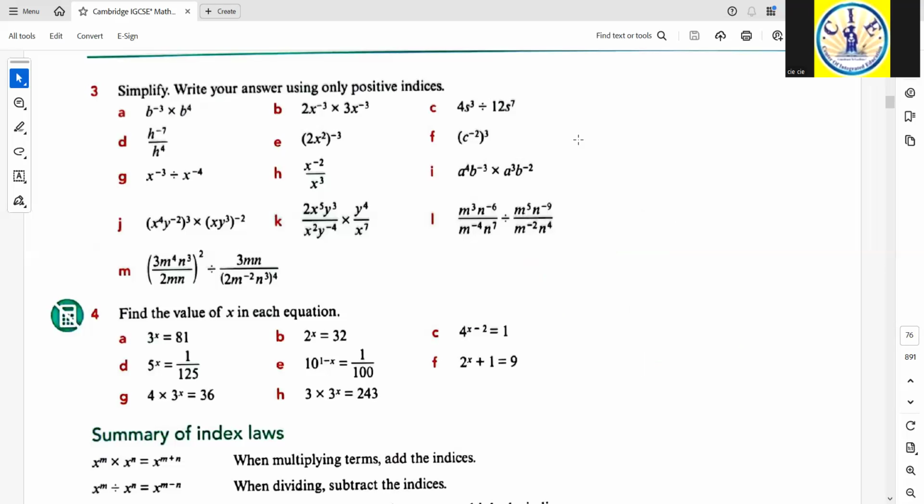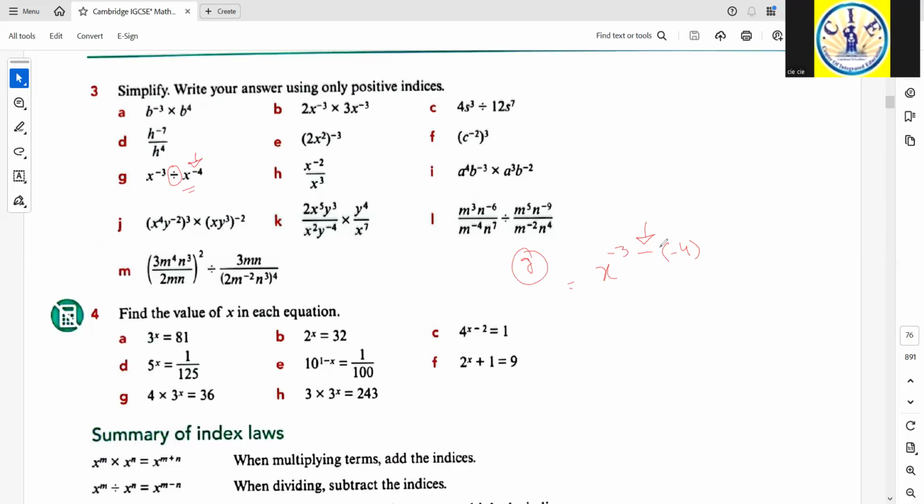Okay, then let me simplify its part G, x raised to the power negative 3 minus negative 4, because this division means the subtraction of the powers and the index itself is negative 4.